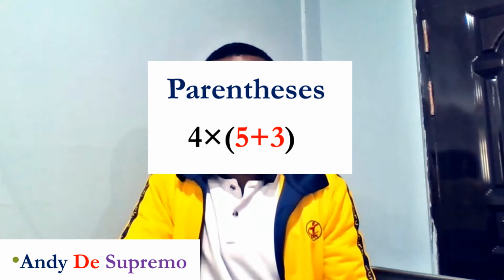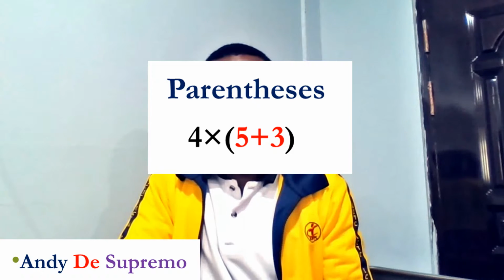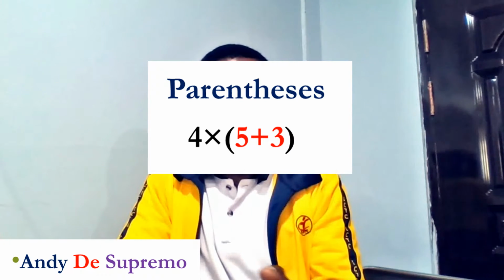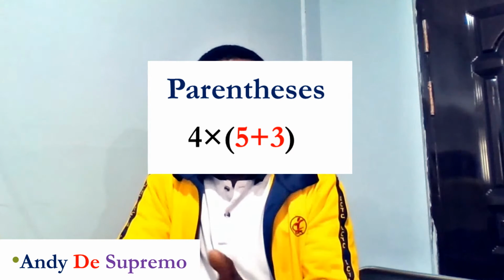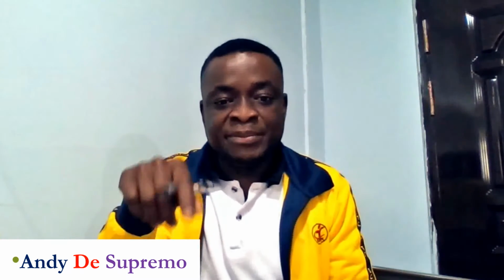Let's have one example here. We have 4 times bracket open, 5 plus 3 bracket close. The parenthesis is the 5 plus 3. PEMDAS is telling you to deal with the parenthesis first.